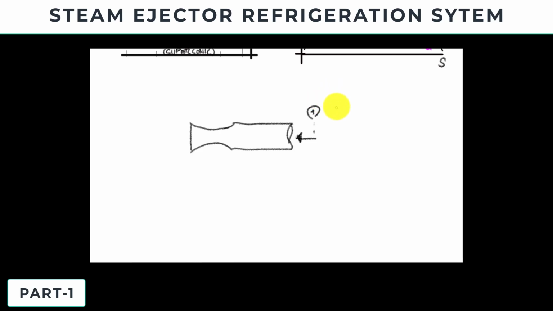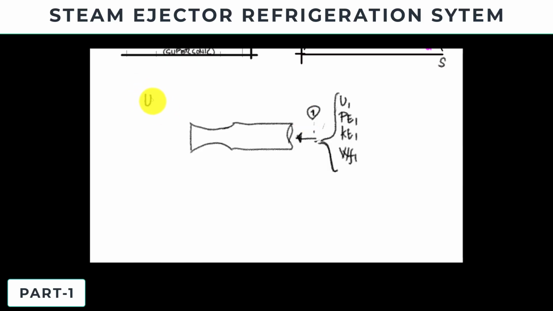We have here your internal energy 1, potential energy 1, kinetic energy 1, and we have your flow work 1. That is what enters at point 1.